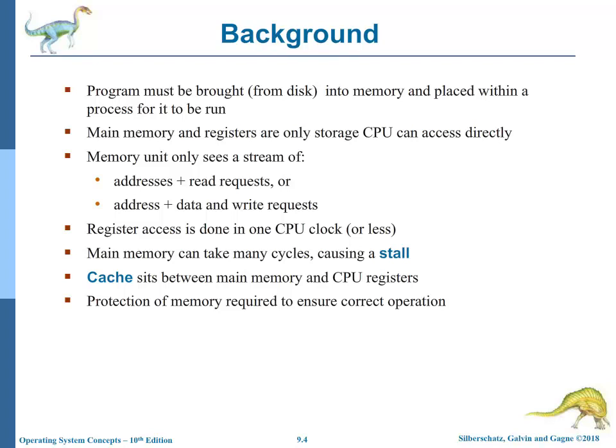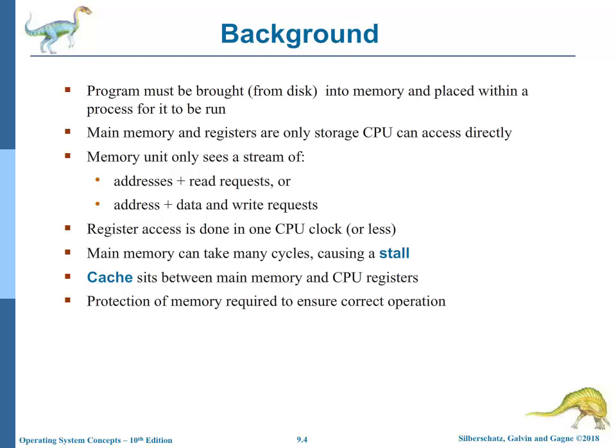The memory unit sees only a stream of memory addresses and the read or write request. So we can ignore how a program generates a memory address. We are interested only in the sequence of memory addresses generated by the running program.